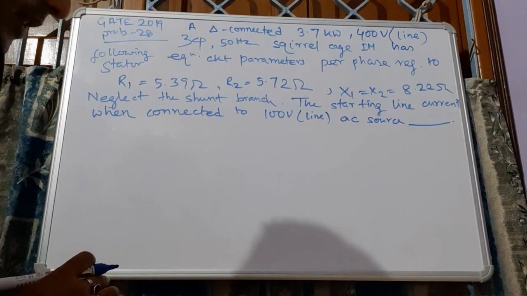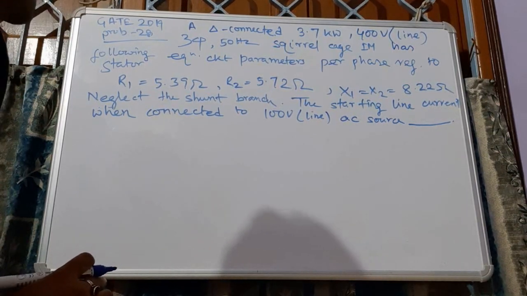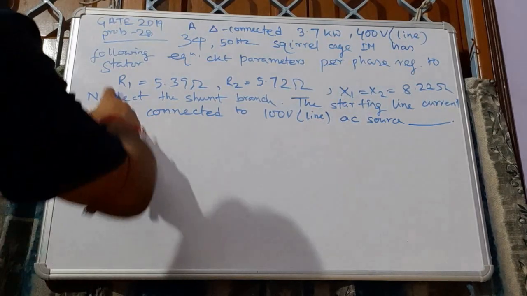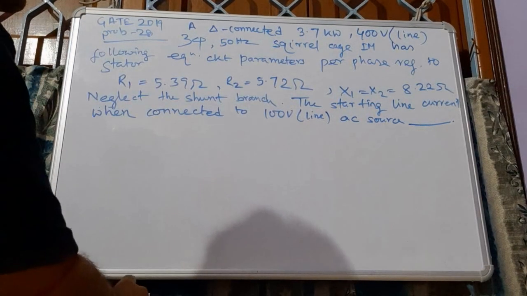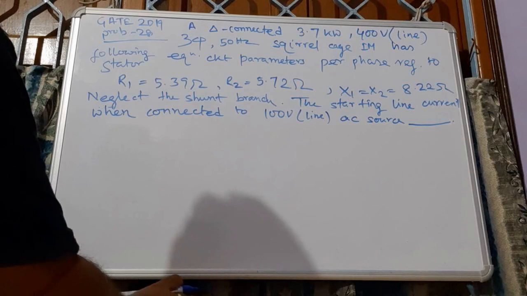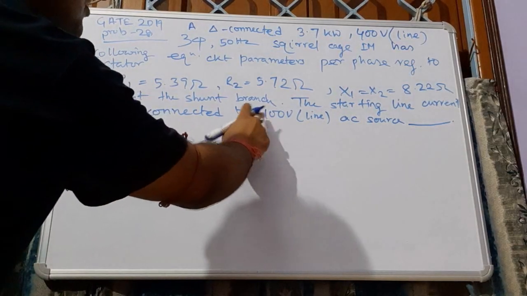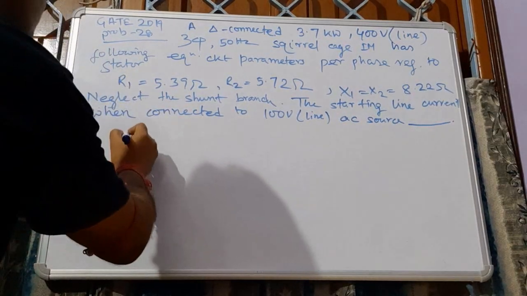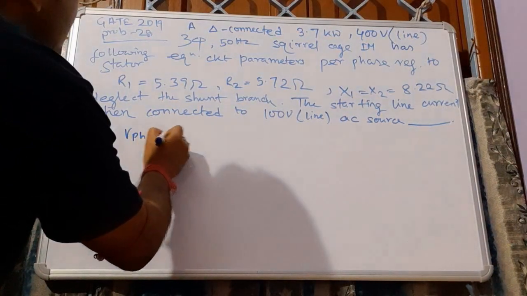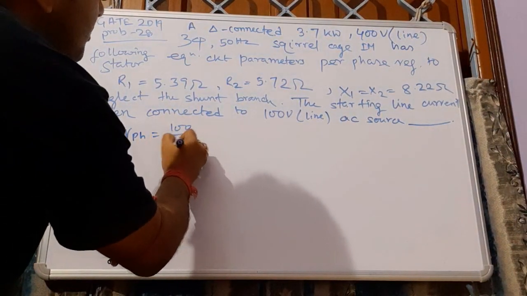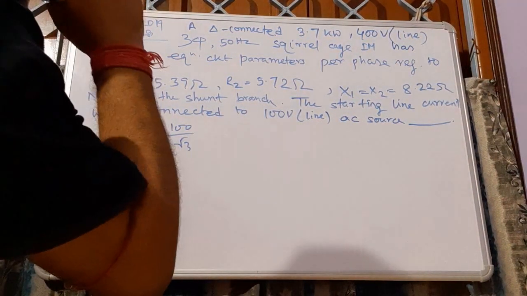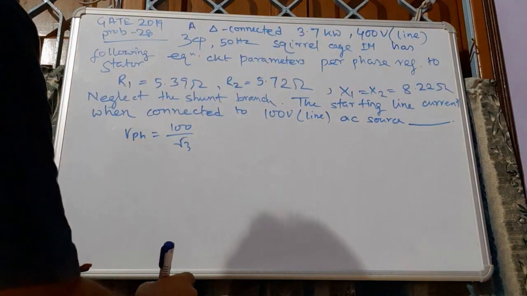So now coming to the problem, these circuit parameters are given. Starting line current when connected to 100 volt line voltage, so our V phase equals 100 divided by root 3, right?